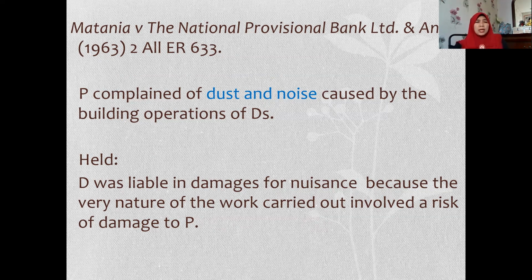So the court held that the defendant was liable in damages for nuisance. Because the very nature of the work carried out involved a risk of damage to the plaintiff. It doesn't matter whether the plaintiff has done whatever necessary in order to avoid dust and noise. So long as it creates dust and noise and it affects the enjoyment of the plaintiff, then of course liability for nuisance is established and the defendant must pay compensation.